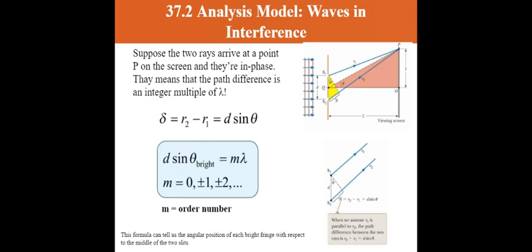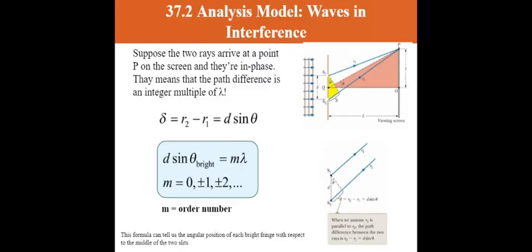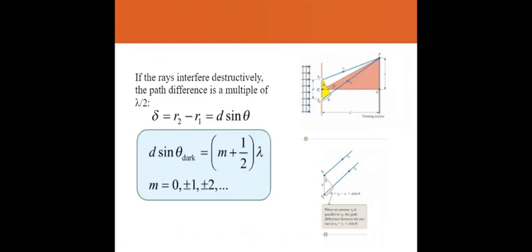For dark fringes, though, that's when the path difference is a multiple of a half wavelength. So the formula for the angular position of the dark fringes is kind of like the one for light fringes, but now there's an m plus 1/2. So the first dark fringe can be found at m equal to 0. Then the first order dark fringes are at m equal to plus or minus 1.